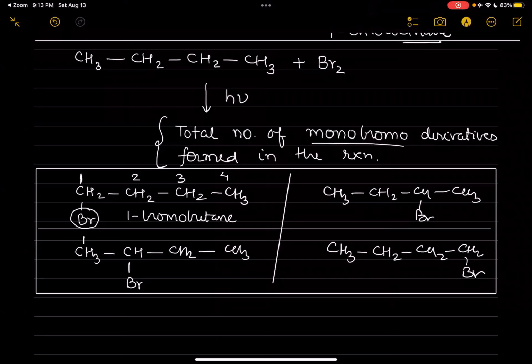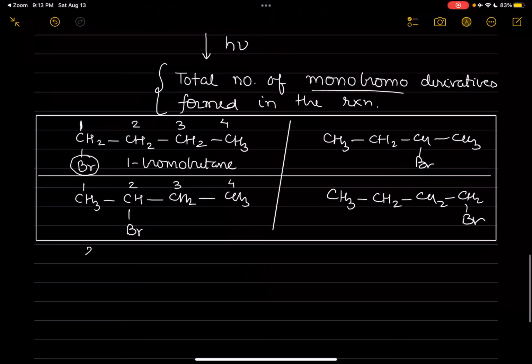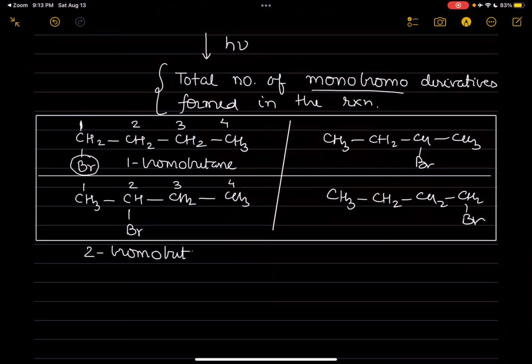And if I do the numbering in this way, which is the right way, this is 2-bromobutane, because the bromine is connected to the second carbon. And what about this one? Is it 3-bromobutane?